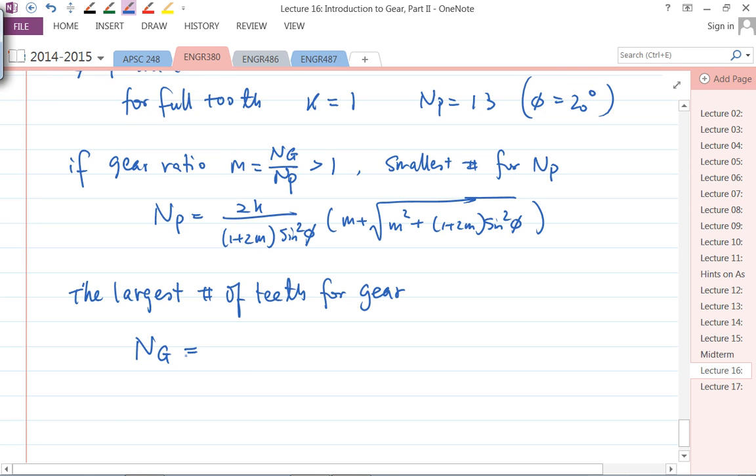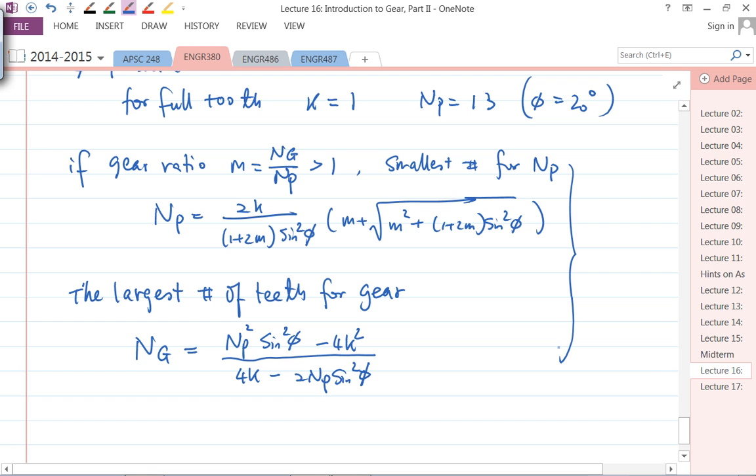So it's NP square sine square phi minus 4K square, over 4K minus 2NP sine square phi. Okay? So that's the two conditions. Basically, you use them together when the gear ratio is not 1.